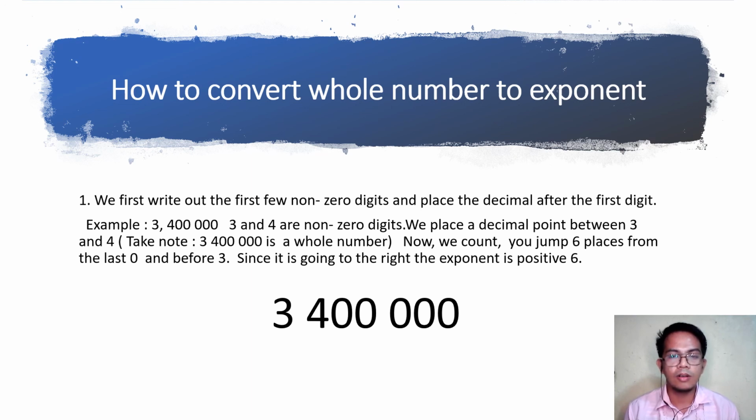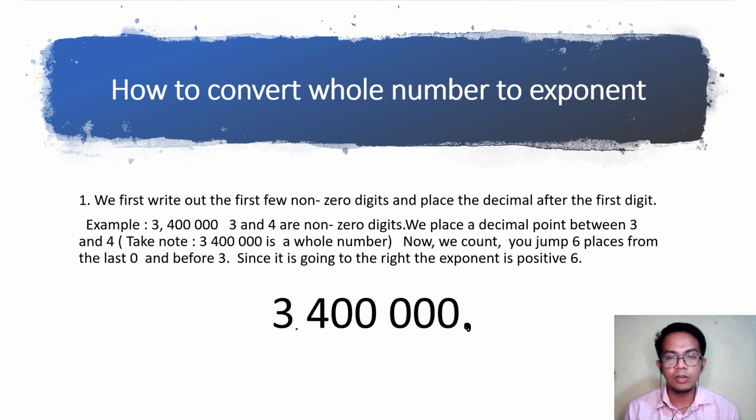Now we count, you jump 6 places from the last 0 to before 3. Since it's going to the right, the exponent is positive. So for example, this is 3,400,000. This is the decimal point.